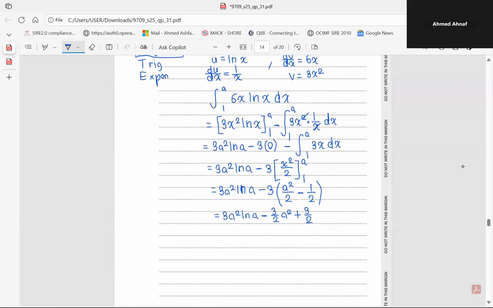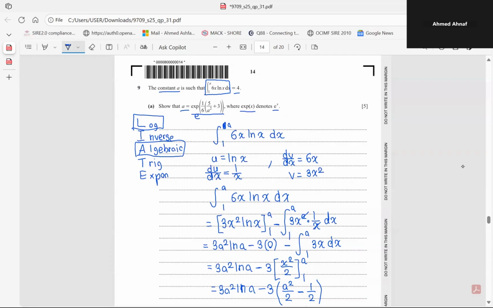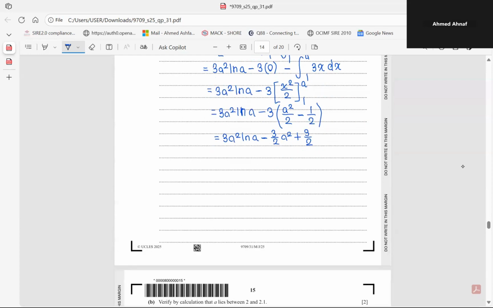So this is our final answer in terms of a. Now we're just going to have to equate it to 4. So let's do that. Okay, we don't have much space. We have to do this quickly.